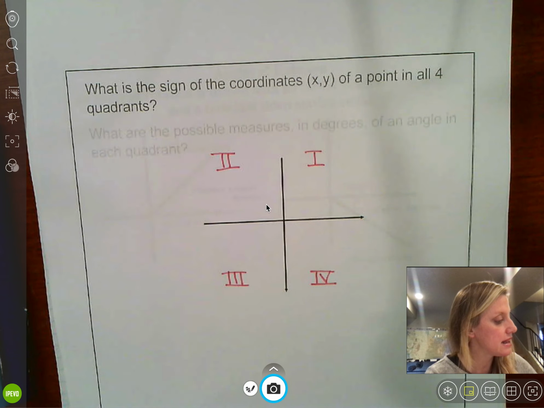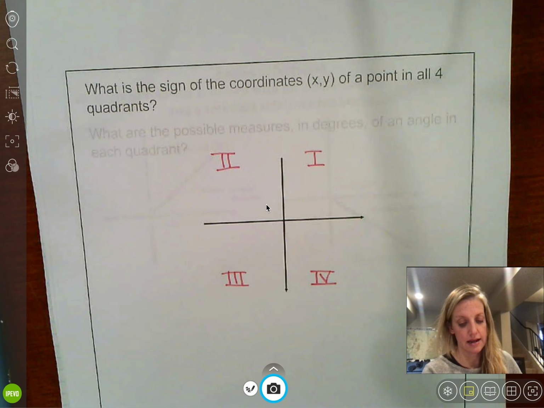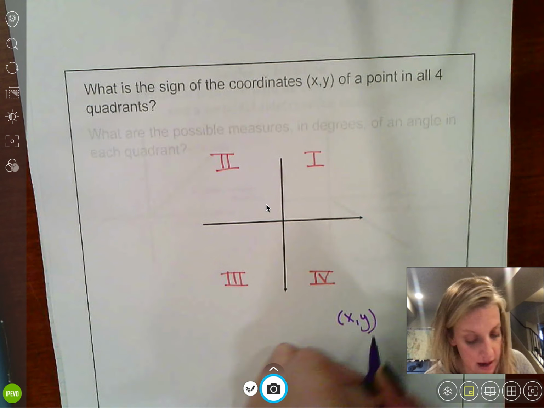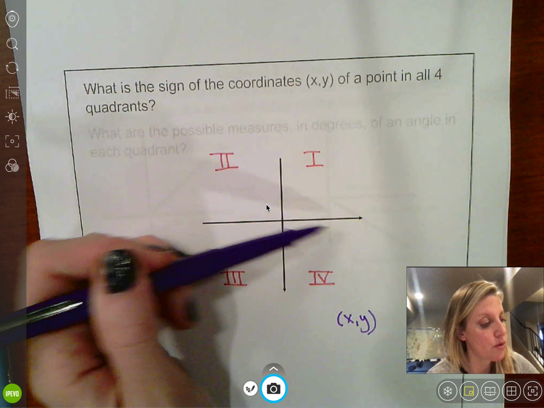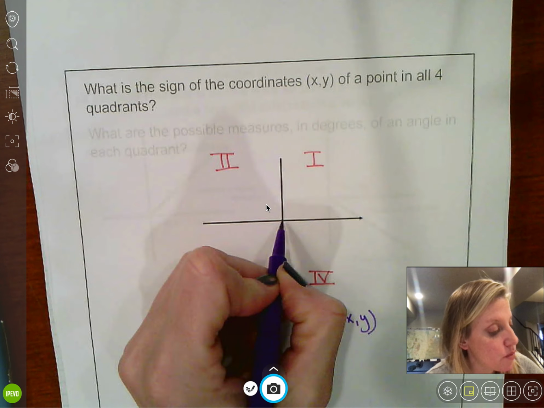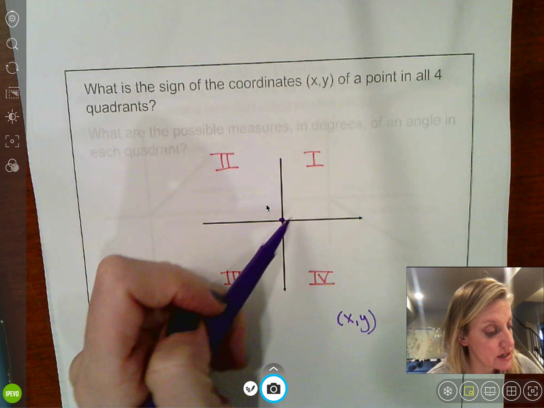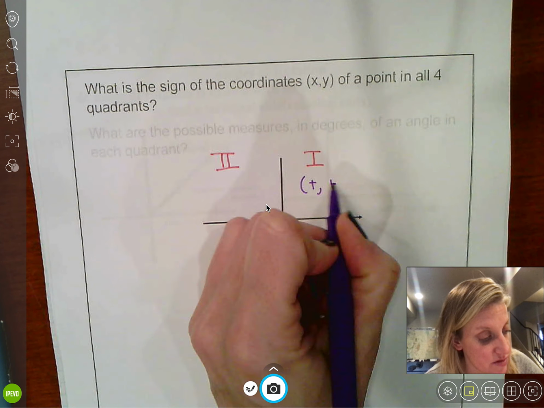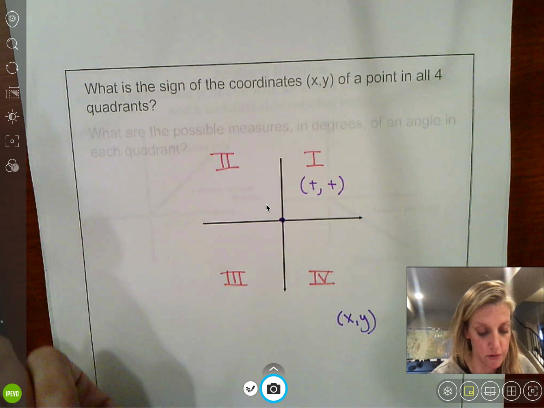Okay? And then what we're going to look at is if we have a point x comma y, and it is in quadrant 1, what will the signs be for the x value and the y value? Well, from the origin, to get to quadrant 1, you'd go to the right and up. So you'd have a positive x value and a positive y value.